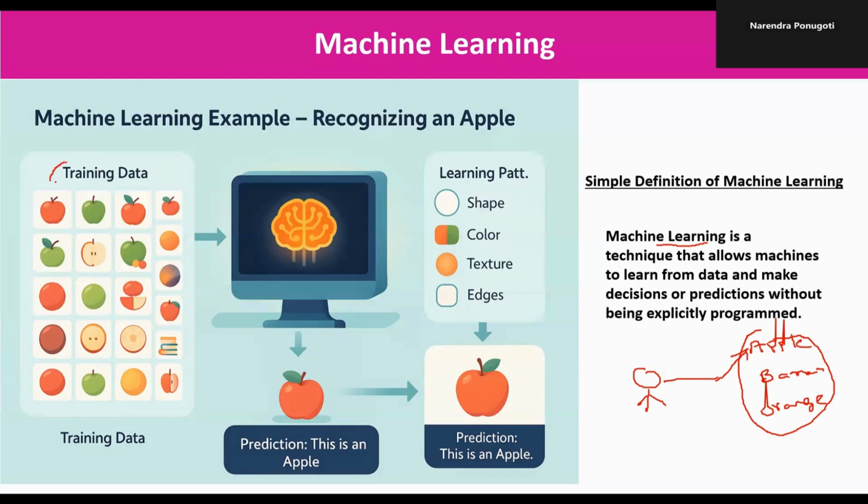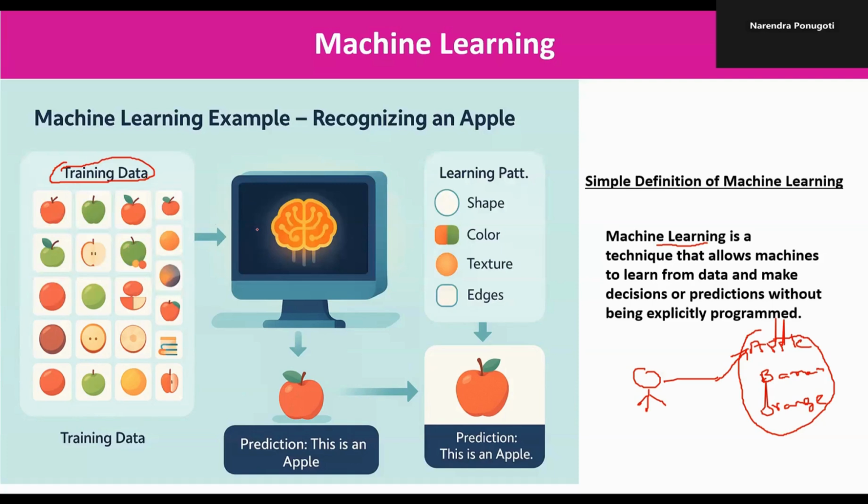Here we are giving input data, or training data, of apples, for example 1 million apple images with different colors, different shapes, apples with leaves, cut into pieces, half apples, apples in different lighting, and apples with other fruits. We are giving all these different kinds of apple images to the AI system.